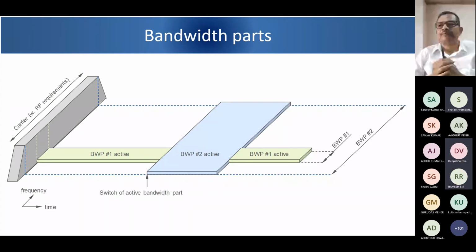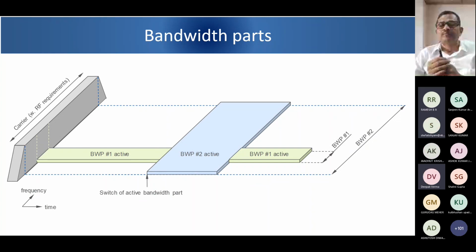Yes, sir. Sir, how about the numerology and all? These are not hard. Yeah, go ahead. Numerology, is this being defined by the user? The user does not define anything. It is the base station that decides, and the use cases decide what kind of BWP will be used. So your device is very, very intelligent.